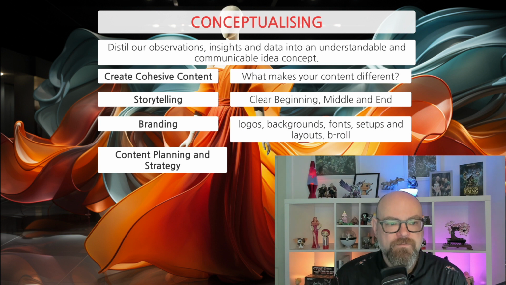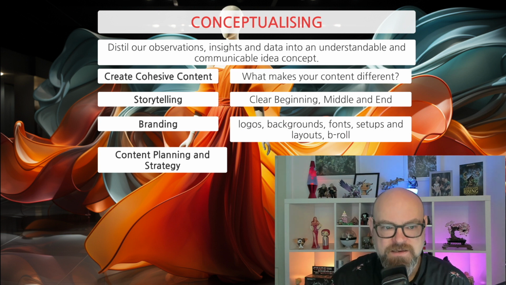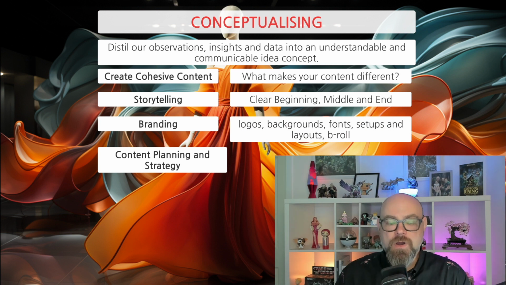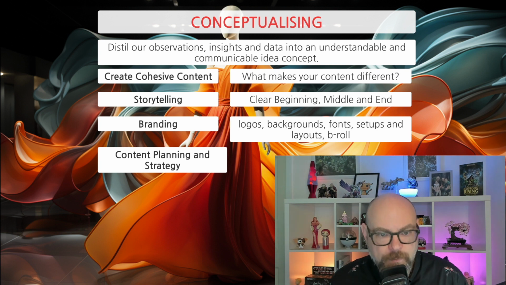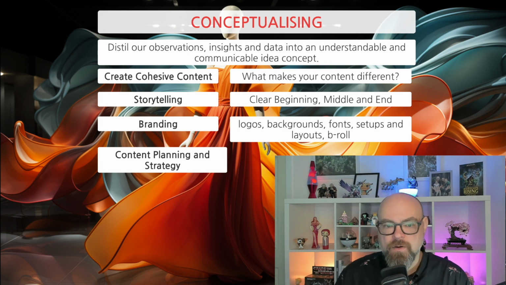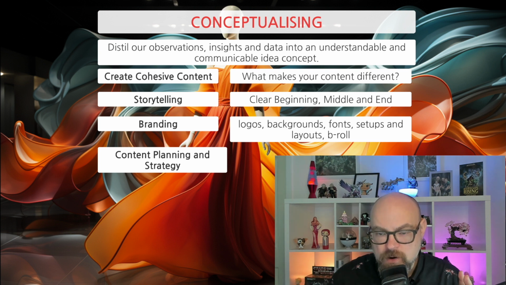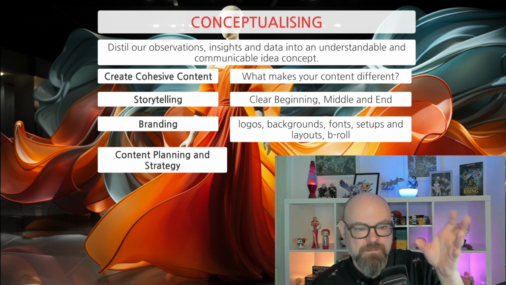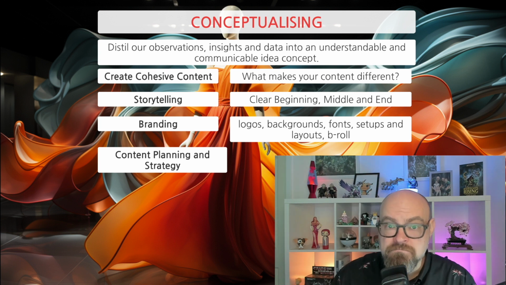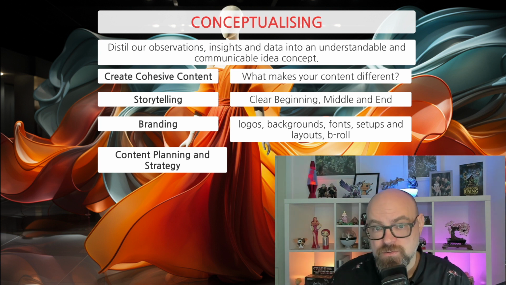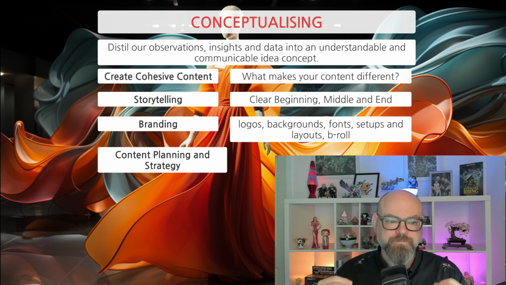Finally, we have content planning and strategy. If you're going to do a live stream, if you're going to do a podcast, if you're going to make a video, have a running sheet. Have clear talking points. Set yourself up for content proliferation by recording, taking photos, taking screenshots, having some spare kind of B-roll images, using Midjourney or other AI tools to create images.